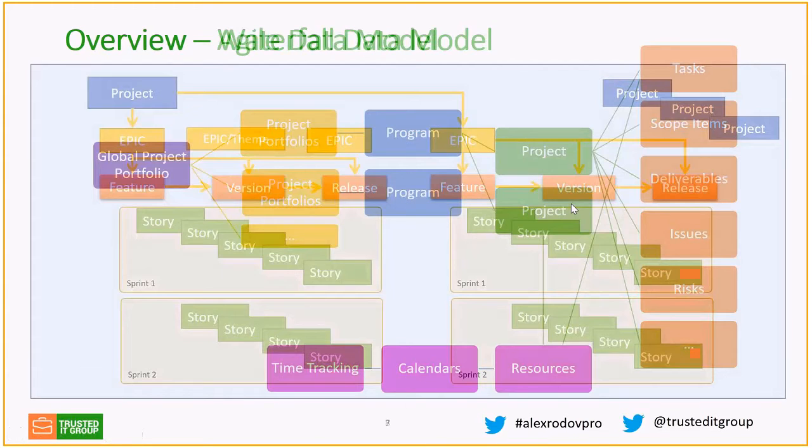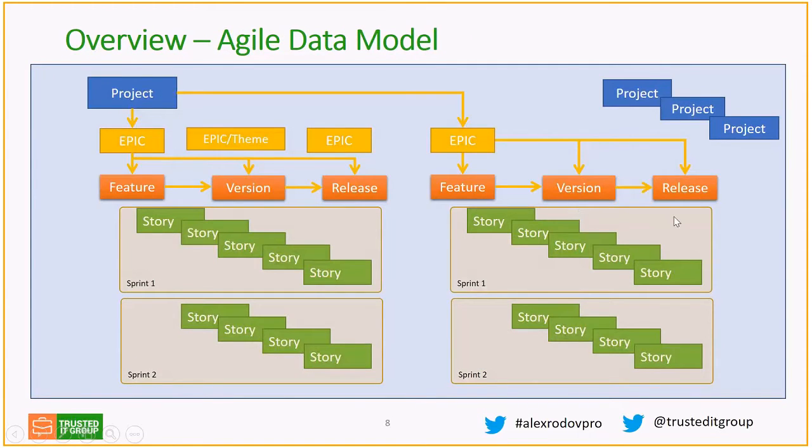So, the Agile data model. I think I purposely made it appear all at once, but the Agile data model looks like this. Let me start talking quickly about each of these points. In blue, on the top, it's a project. Everything starts with the project.